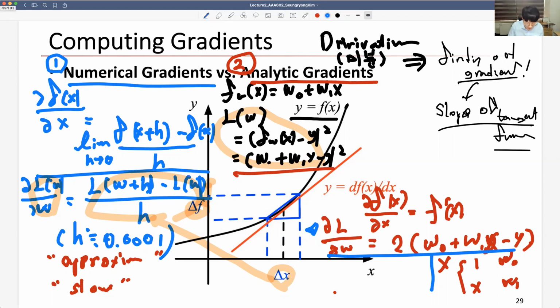So we need the analytic gradient first for our loss function, and then we can update our parameter w by using it. It will be much more accurate. Okay, so that's the way to compute the gradient.